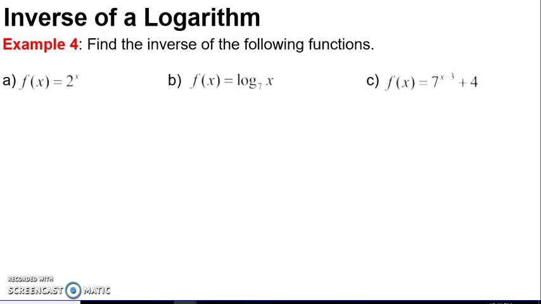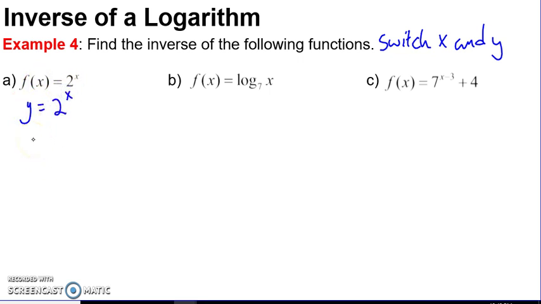All right, let's do inverse of logarithms. When we think about inverses, that just means switch x and y. Anytime you see inverse, it means switch x and y. So I have f of x equals 2 to the x, which is the same as saying y equals 2 to the x power.